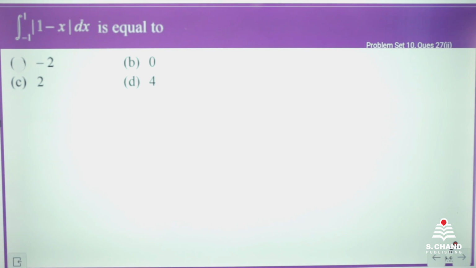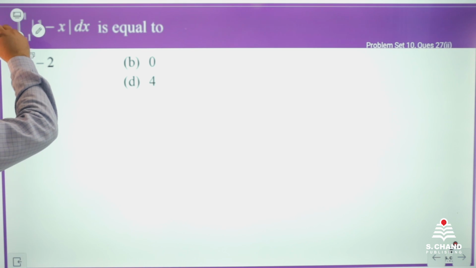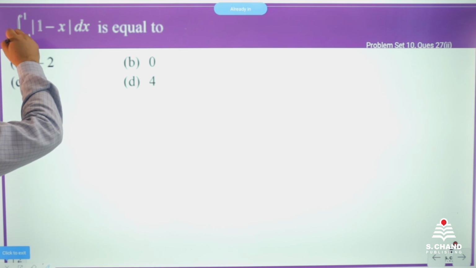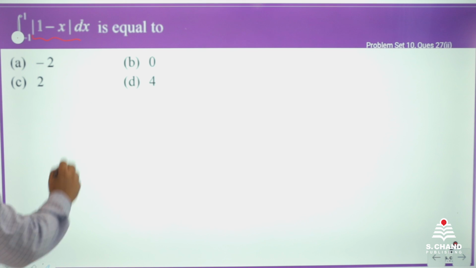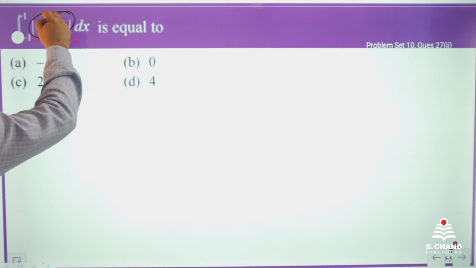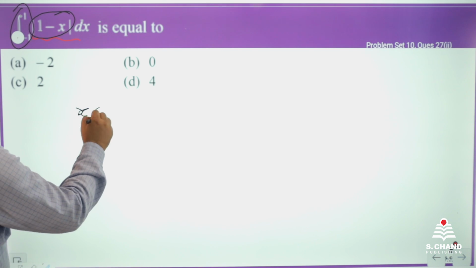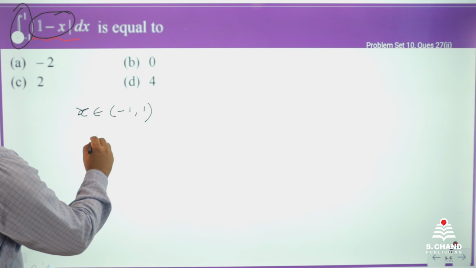Next question is the integral of mod of 1 minus x from minus 1 to 1. So here, if you talk about mod of 1 minus x, x is from minus 1 to 1. Then what can you say about 1 minus x?